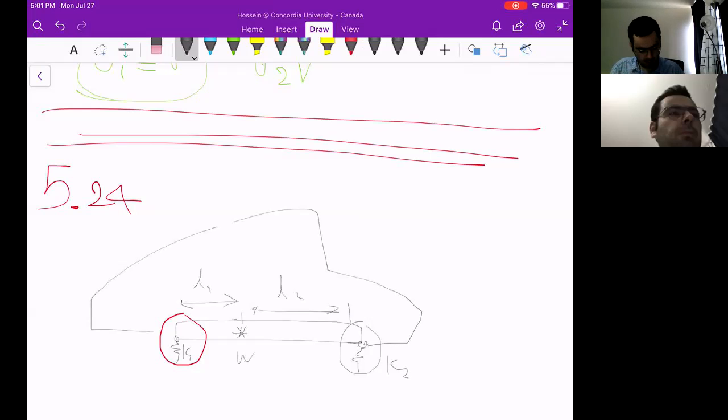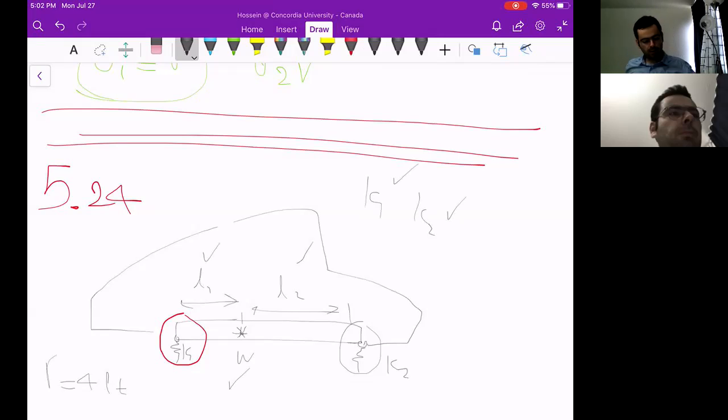The stiffnesses K1 and K2 are given, L1 and L2 are given, and the radius of gyration about the center of gravity is given as 4 foot, and the W is also given. Determine the normal modes of vibration and locate the node for each mode.